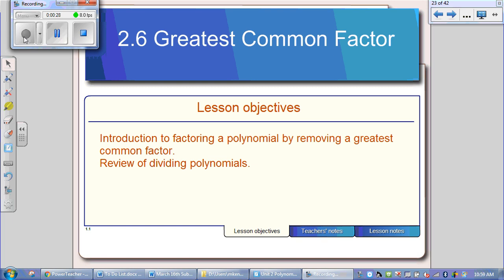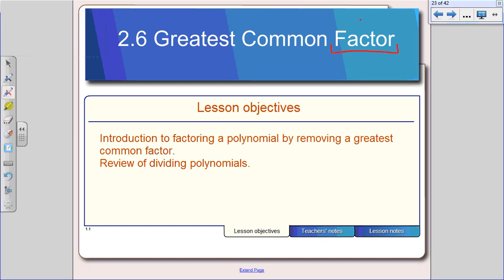Today marks the start of the second half of the unit, which will be unmultiplying. We call it factoring. So when you hear the word factor, essentially what you're going to be doing is unmultiplying polynomials. Now, it is essentially division, but you're going to see it get to the point where it doesn't even look like division anymore.